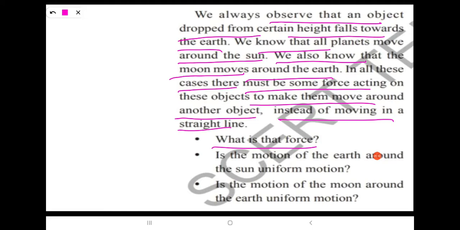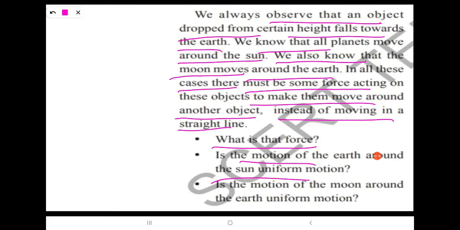Here we can see that it is a force of gravitation between the sun and the planet. Is the motion of the earth around the sun uniform motion?